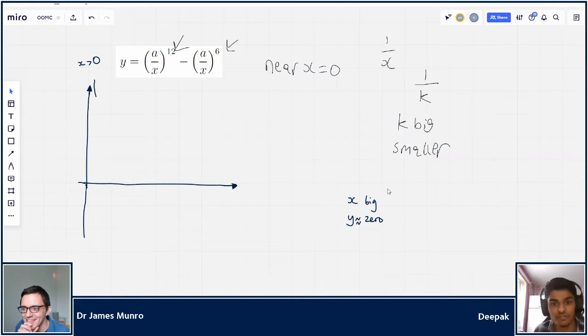So if you imagine x getting really big, or specifically x bigger than a, right? But we're considering x going super close to infinity, which is certainly bigger than a, right? This a over x is going to be less than 1, right? This is less than 1, and this is also going to be less than 1, right?